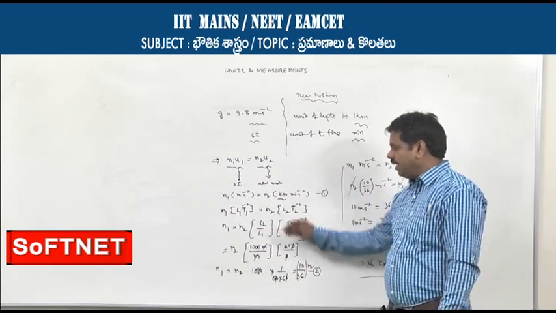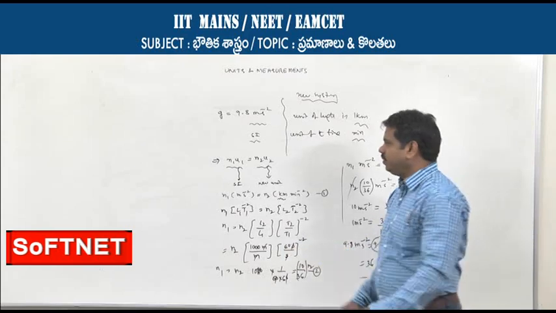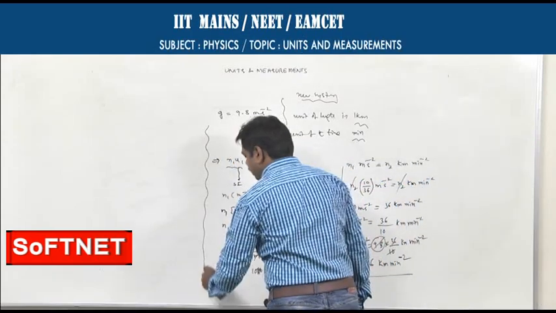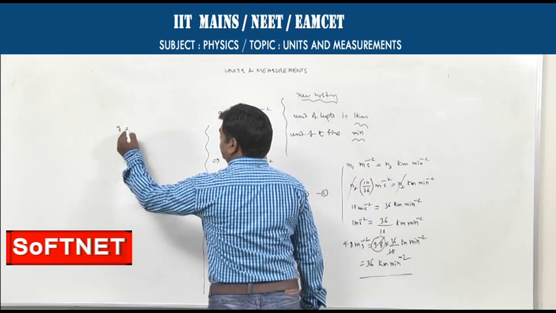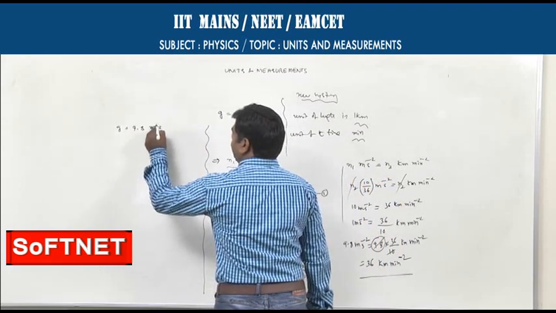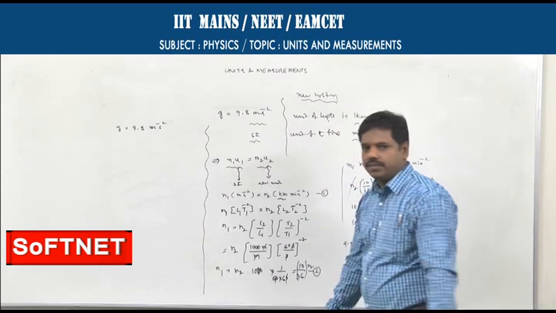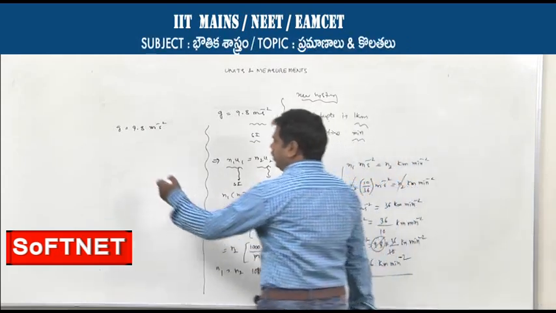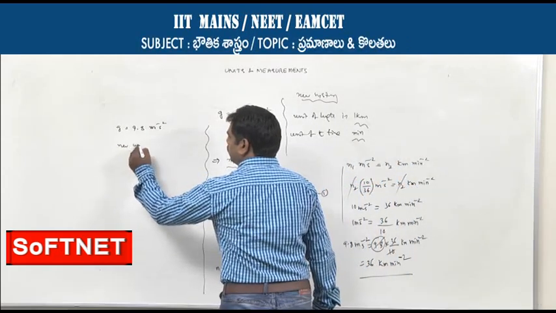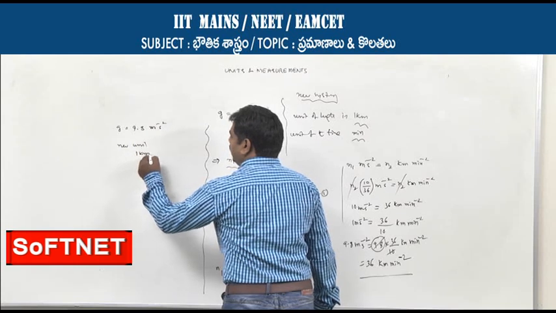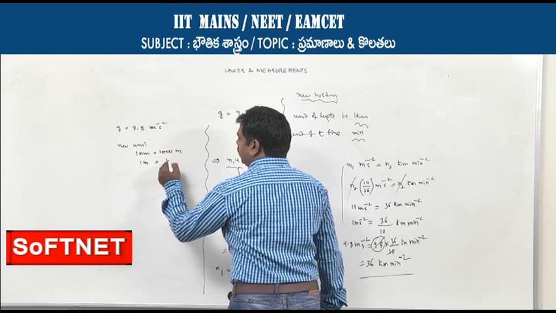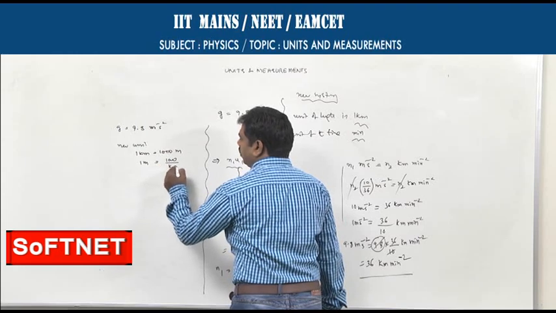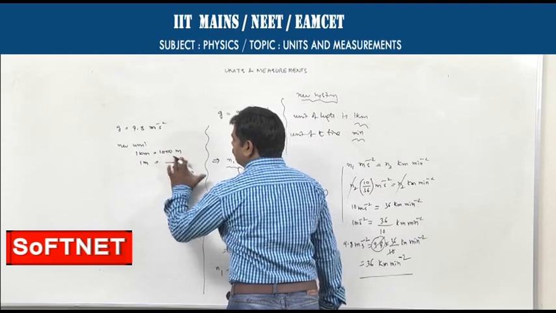We can also easily derive the same by using a simple relation like this. g is equal to, we know, 9.8 meter per second square. In the new units, 1 kilometer is equal to 1000 meter, or 1 meter is equal to kilometer by 1000.